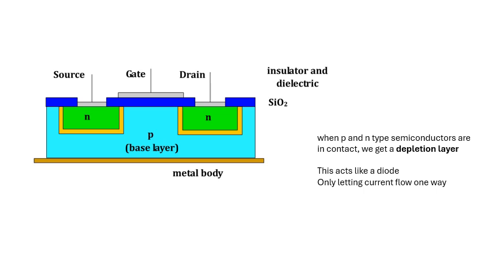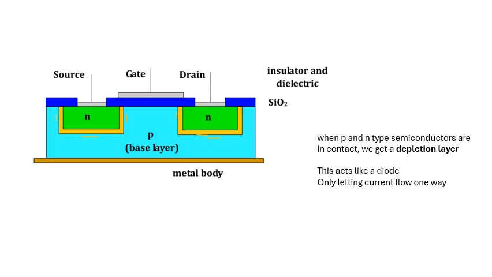Now, between the N-type and the P-type, we get what we call a depletion layer. The depletion layer is this orangey bit here, and that forms between the N-type and the P-type.